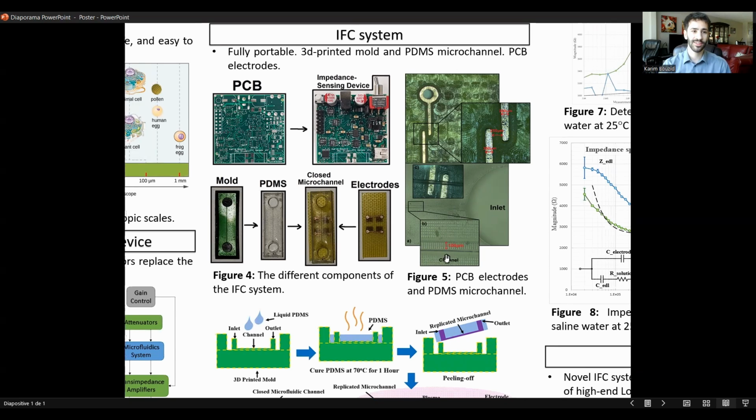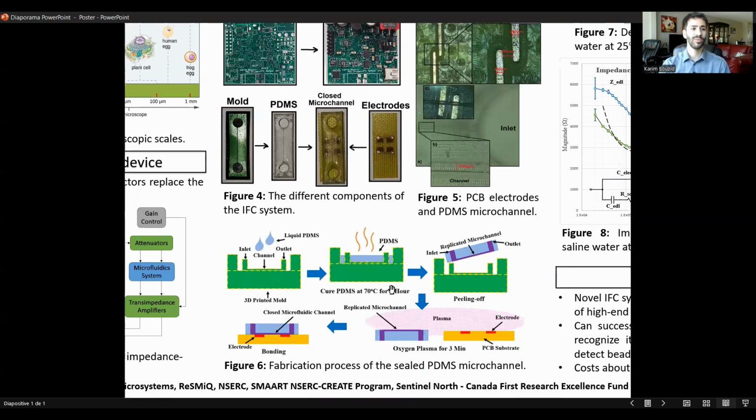We have the microchannel, which has a width of 100 micron. And we can see here the final alignment between the microchannel and the PCB electrodes. The fabrication process is described here: we have the 3D printed mold at first, into which we pour liquid PDMS. We cure that PDMS at 70 degrees for about an hour to solidify it.